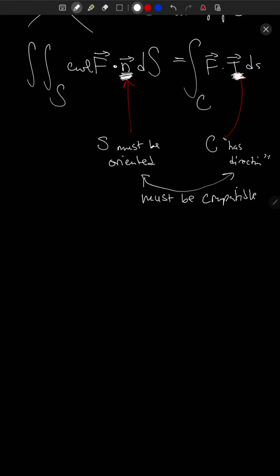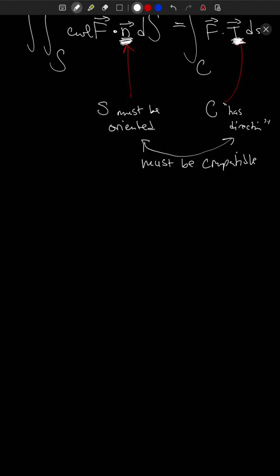These two are tied together. If you just use a random normal on the surface side and a random direction on the curve side, it's very likely that you'll get the negative of the correct answer. So how do you make them compatible?